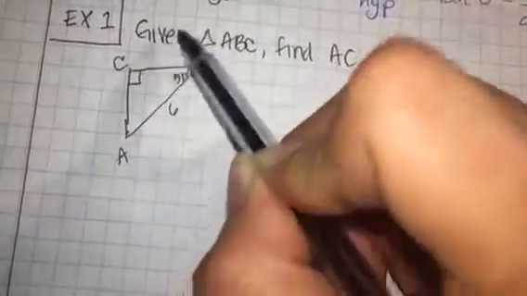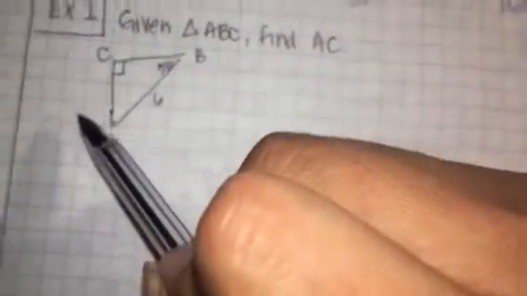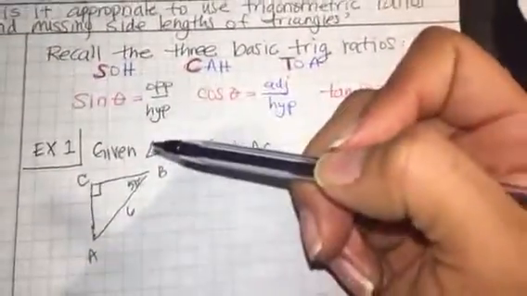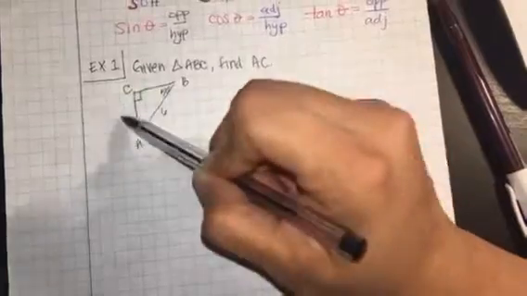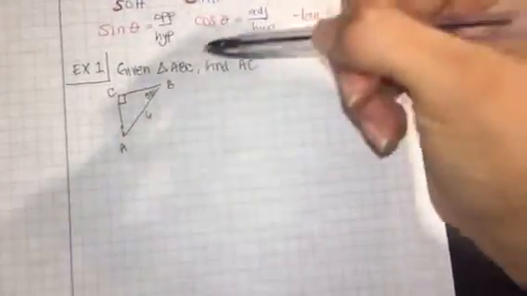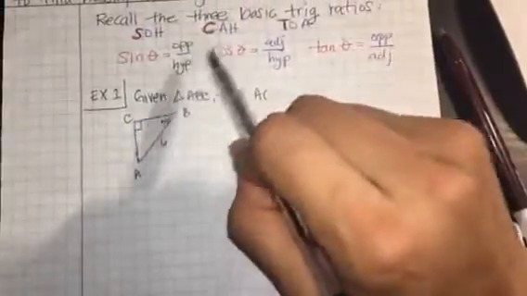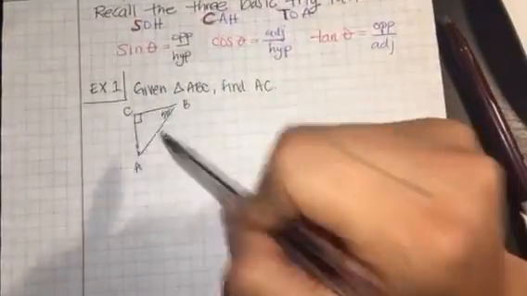I want you to think about that for a second. Can you? Well, I hope you're saying no, because in order to use the Pythagorean theorem, you need at least 2 sides to figure out the third one. But using the trig ratios, SOHCAHTOA, we can actually figure out what these sides are. And that's exactly what we're going to do.